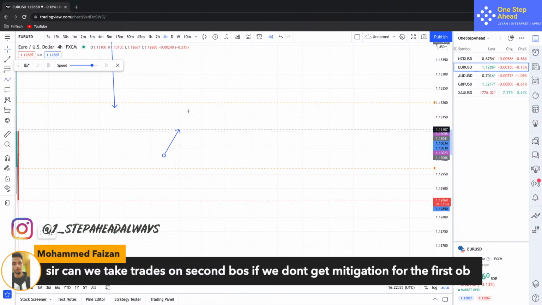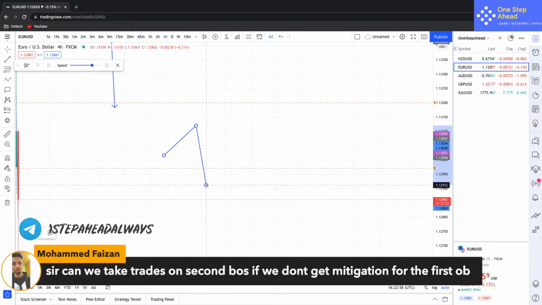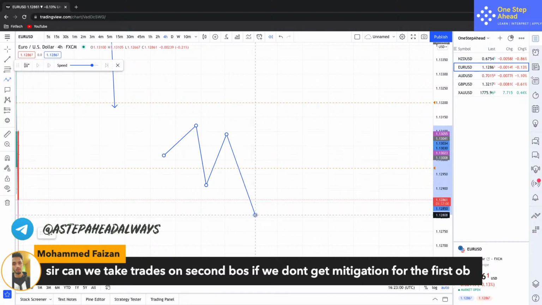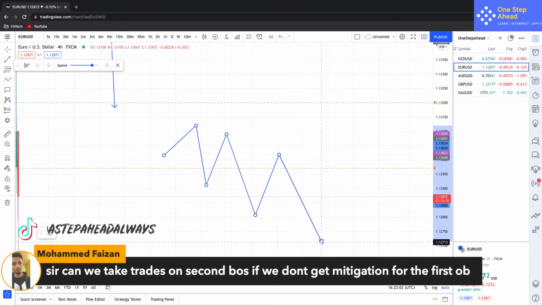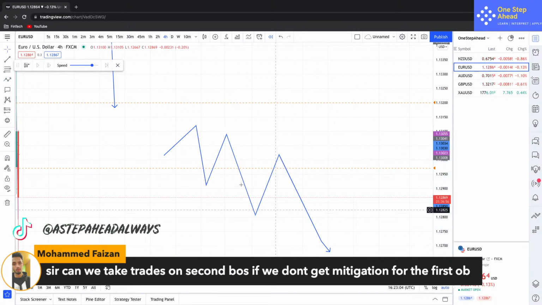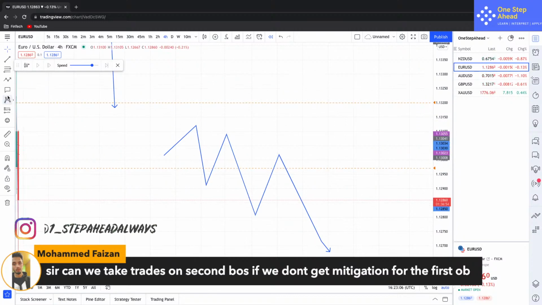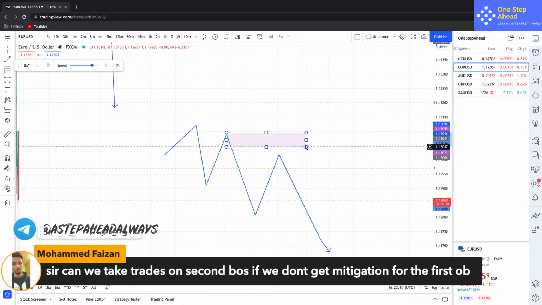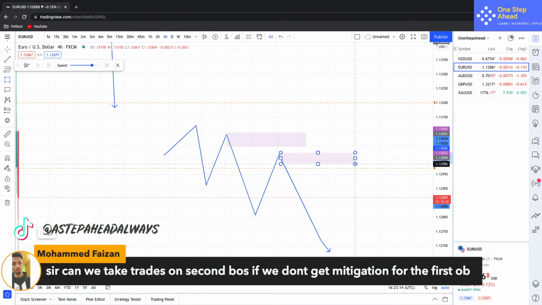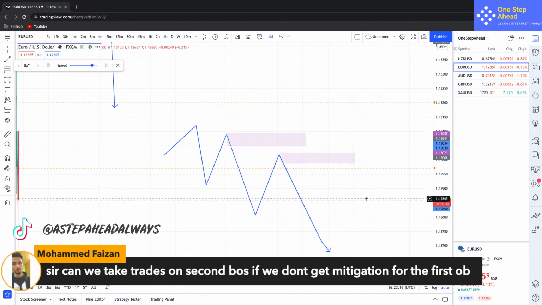Okay, so let's say if you got first break of structure, you are on the let's say bearish, you're looking for an excuse to go short, right? So if you see that this thing happening, here is an order block and that is not mitigated, and you got second break, right? So what was the question? We take a trade on the second BOS.